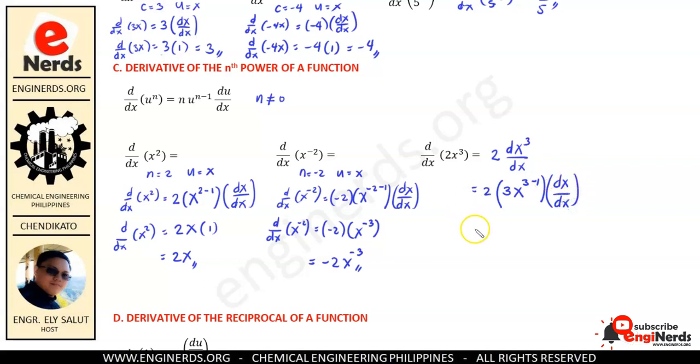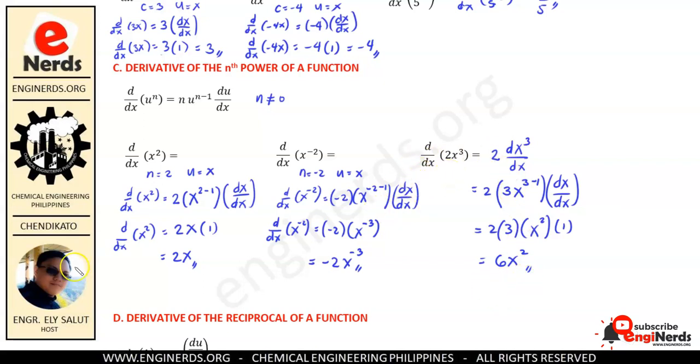So we'll have here 2 times 3 times x to the 3 minus 1, which is 2. And dx over dx is equal to 1. So that means this is equal to 6x squared. So this is our final answer for this question.